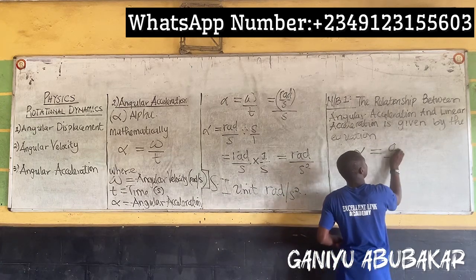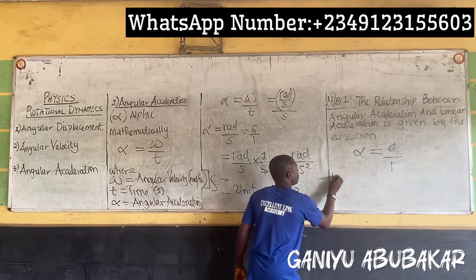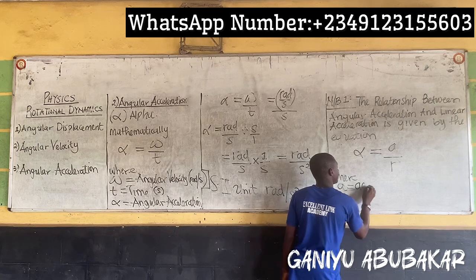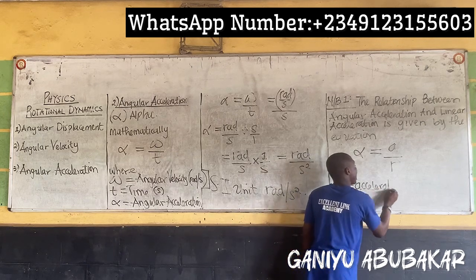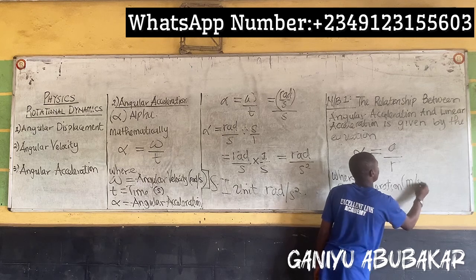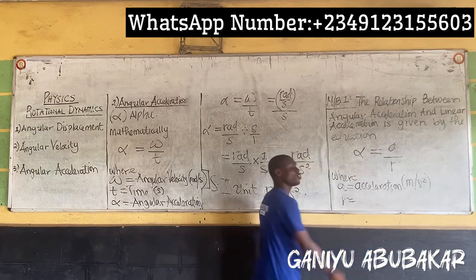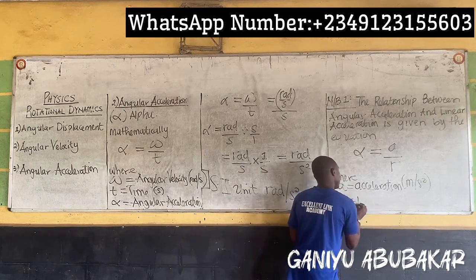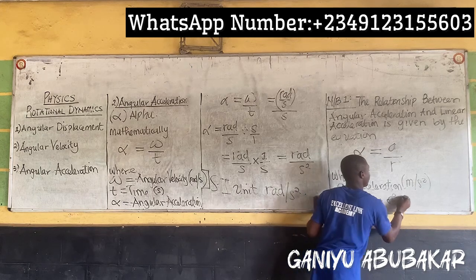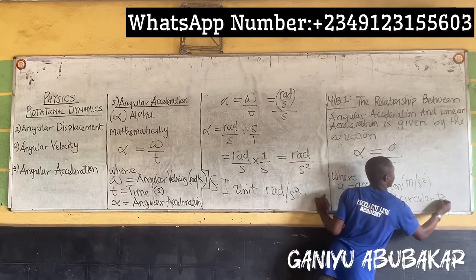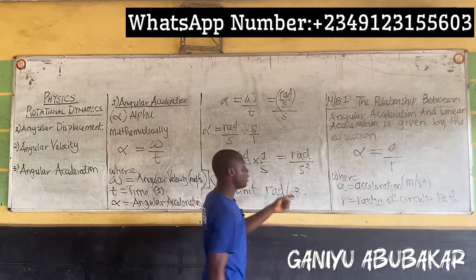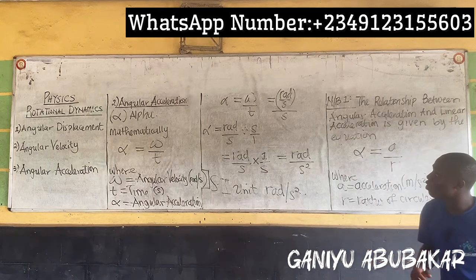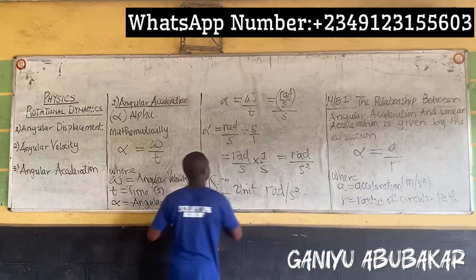Here a is the acceleration, in meters per second squared, and r is the radius of the circular path, in meters. So that is the whole idea behind angular acceleration as shown on the board.